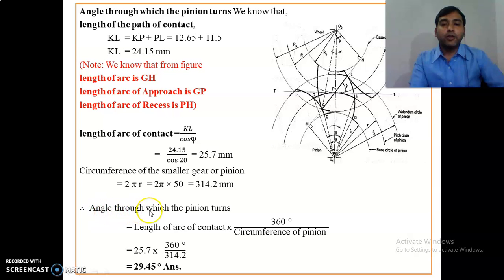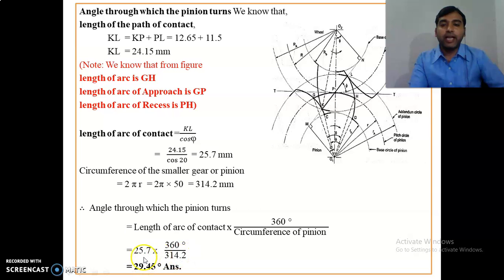Therefore, the angle through which the pinion turns has the formula length of arc of contact into 360 upon circumference of pinion. So the length of arc of contact is 25.7 into 360 upon the circumference of pinion, that is 314.2. So 25.7 into 360 upon 314.2.